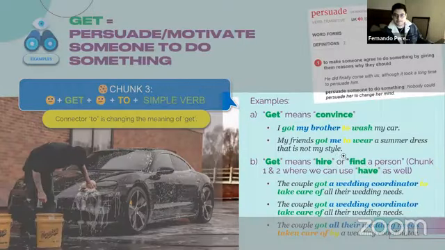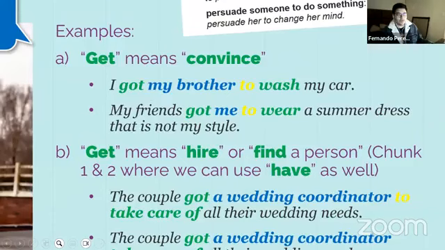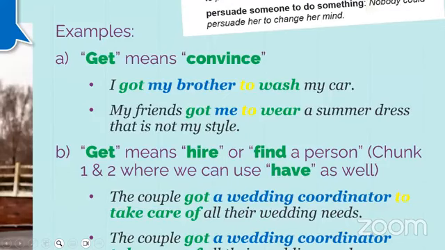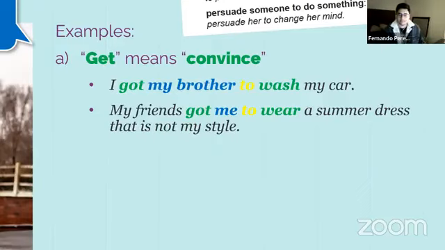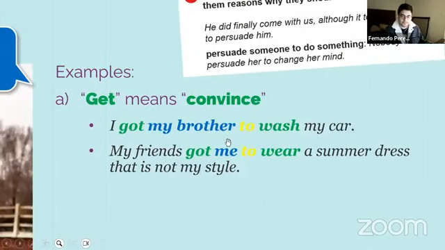Look at this example. Go, Elsie, help me with these examples. Get means convince. I got my brother to wash my car. My friends got me to wear a summer dress that is not my style. That's it. I covered the other ones because I want to focus first here.